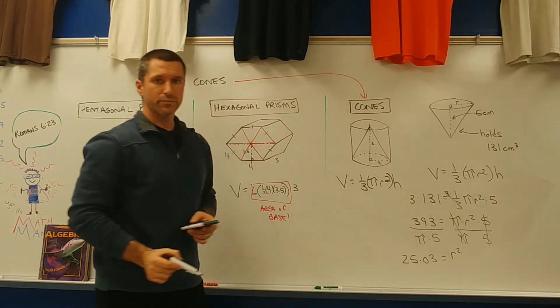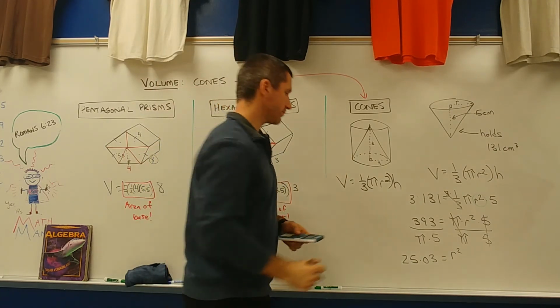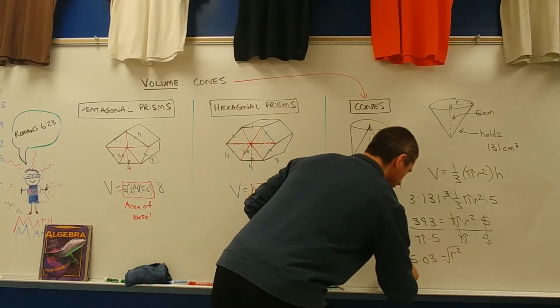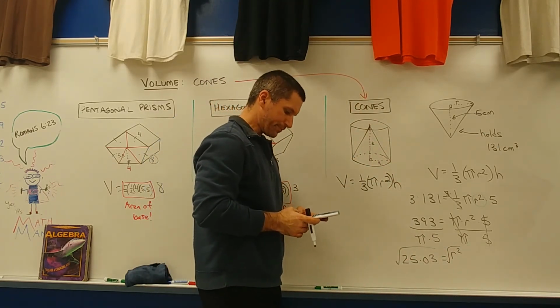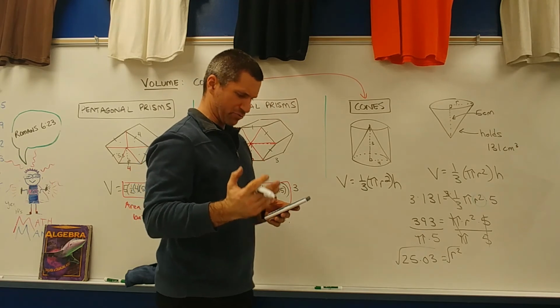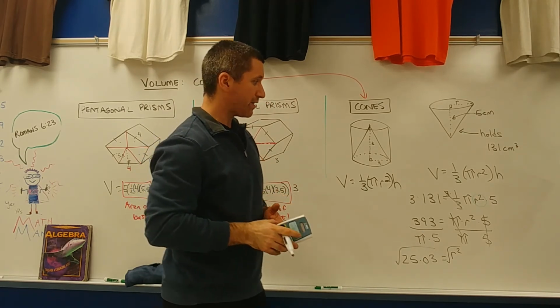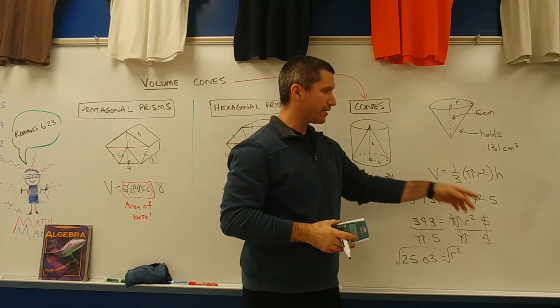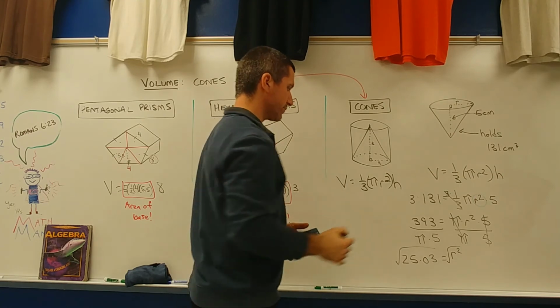But we're not done yet. What's the opposite of r squared? Just like Pythagorean theorem, we do square root. So we need the square root of 25.03, which is, man, that's really close to 5. 5.00299. You know what? I think if we used a better approximation of pi instead of 3.14, it might have been exactly 5. But who knows?